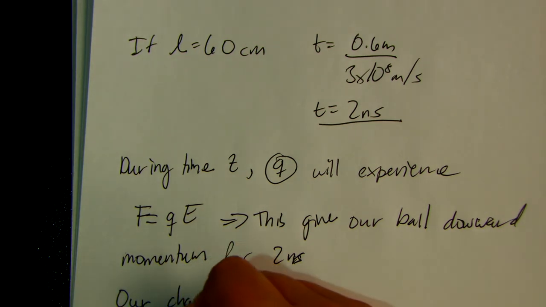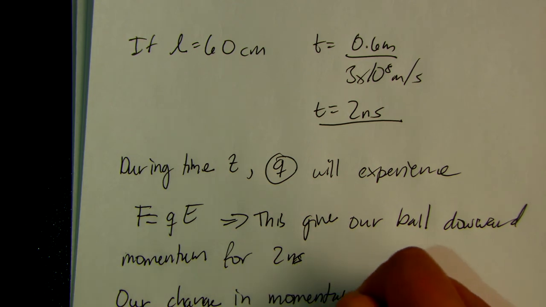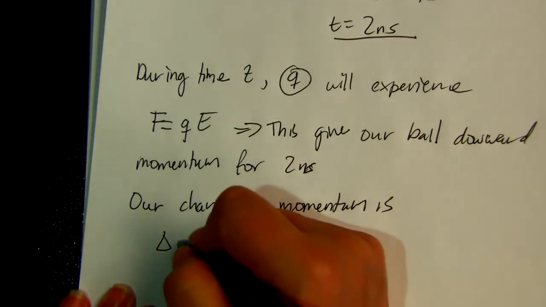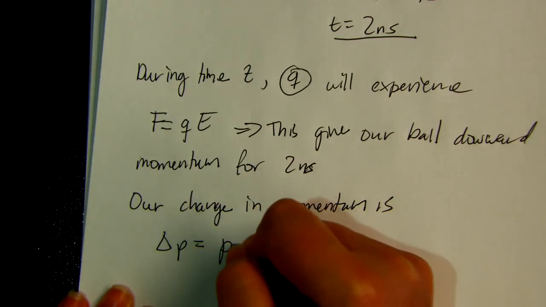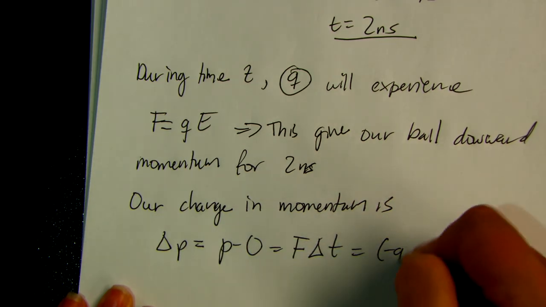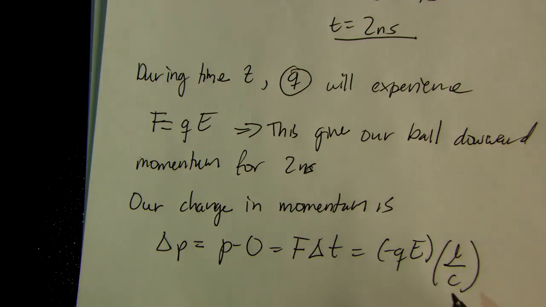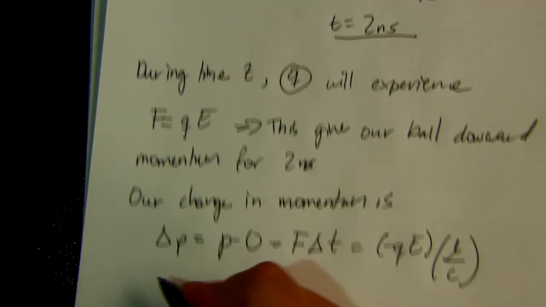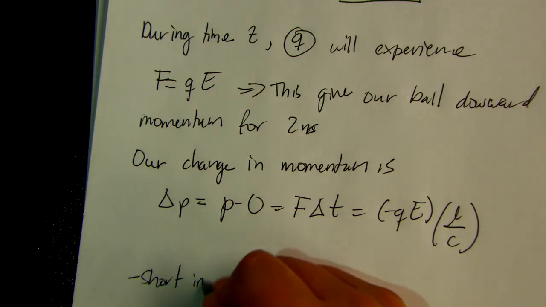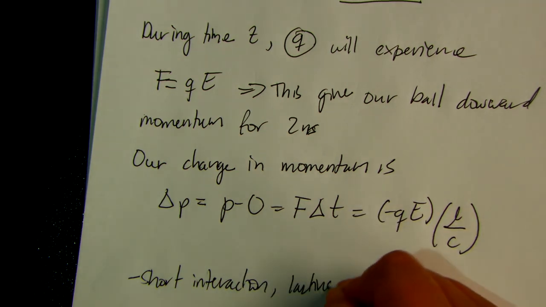Our change in momentum, delta P, is equal to P minus 0, is equal to F delta T, is equal to minus QE times L over C. And what we'll have from this is a really short interaction, leaving a lasting oscillation.